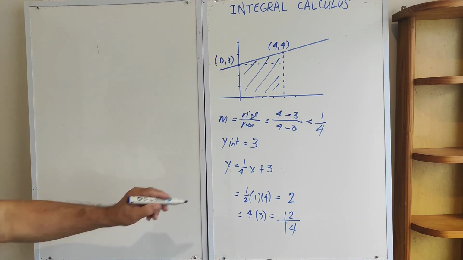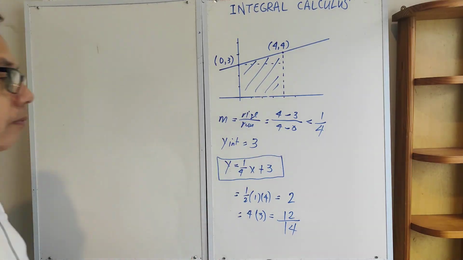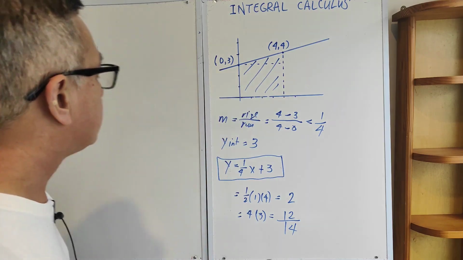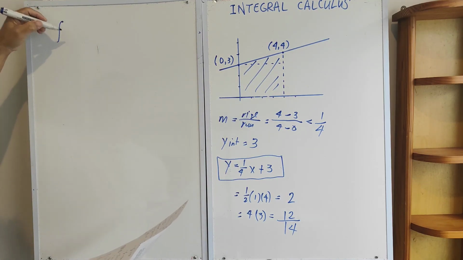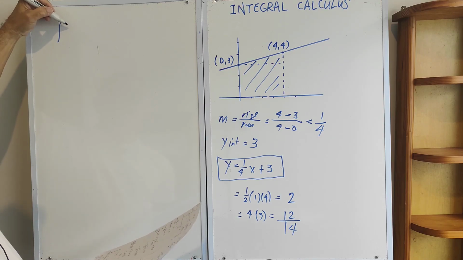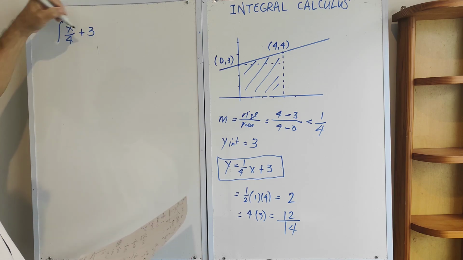Now we can also use integration to get the area. So let's integrate this one: the integral of x over 4 plus 3.